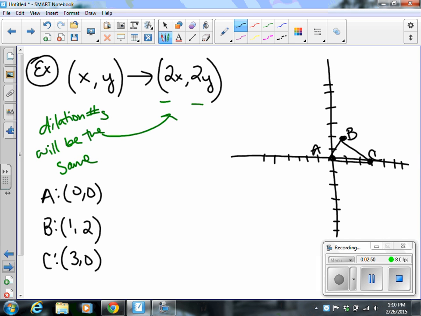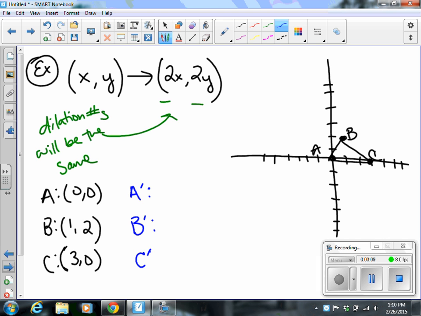So to find my A prime, B prime, and C prime, I just go ahead and plug it into my quote unquote formula, like what we did for translations.